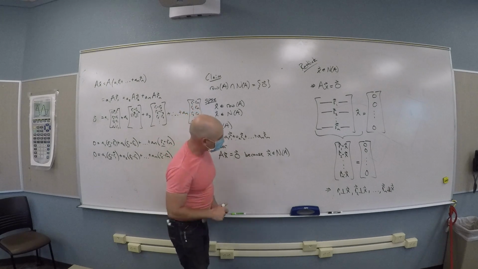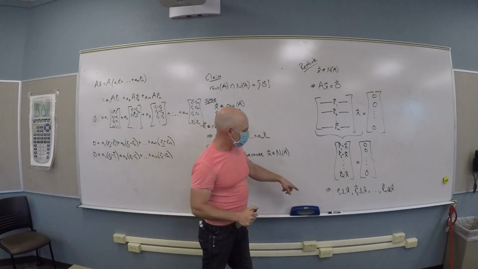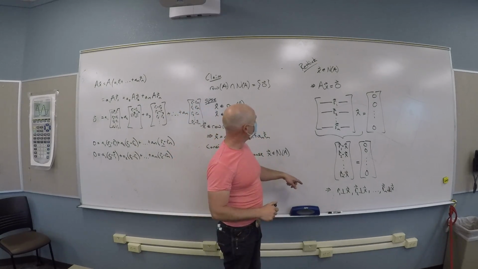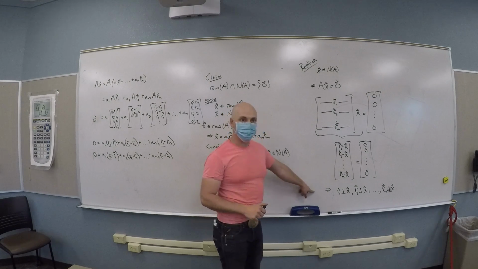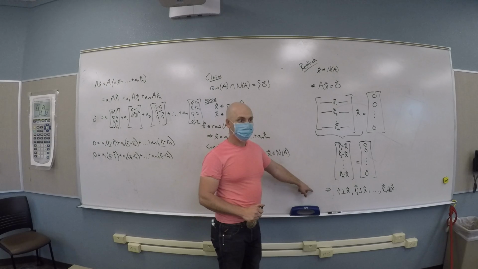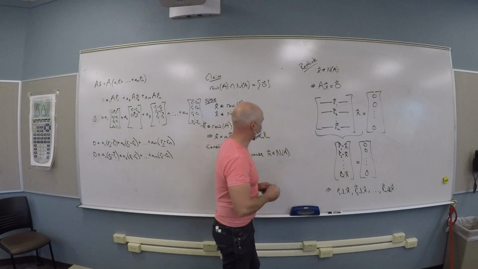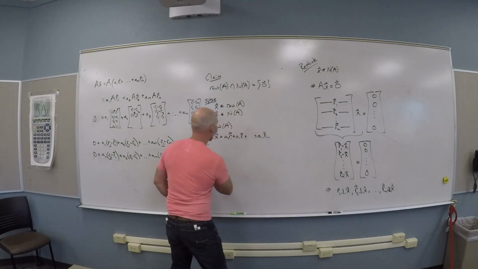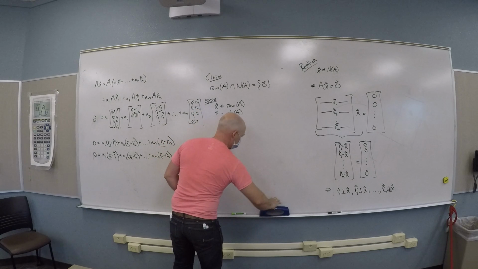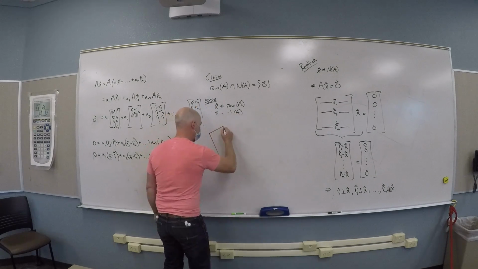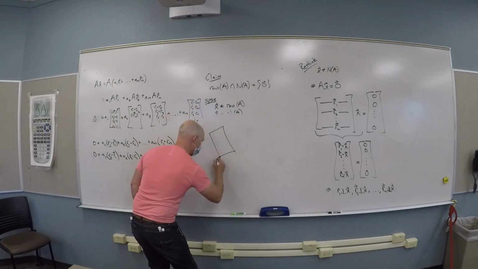The moral of this is, I actually got something for free out of this. You guys see that? I erased my big picture. What's the thing I got for free?